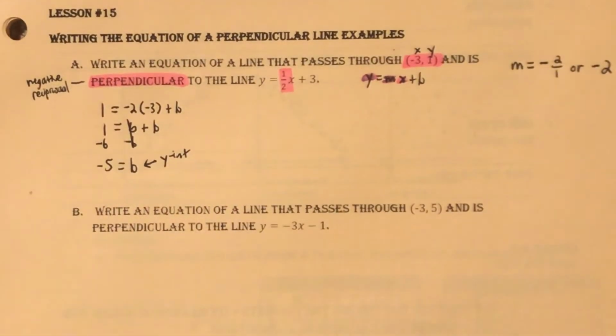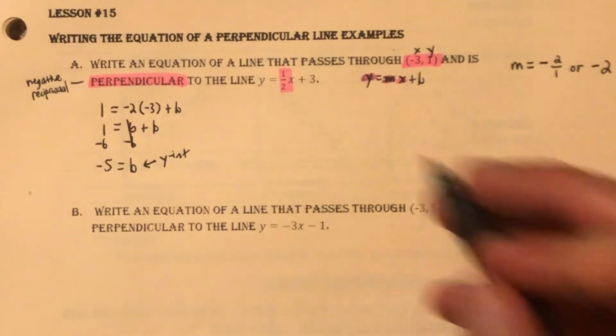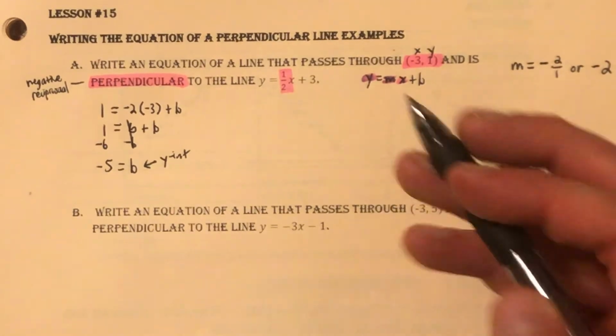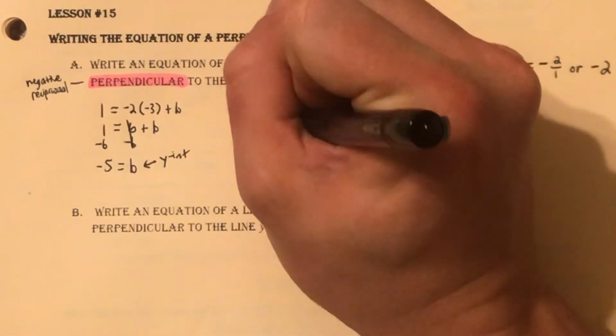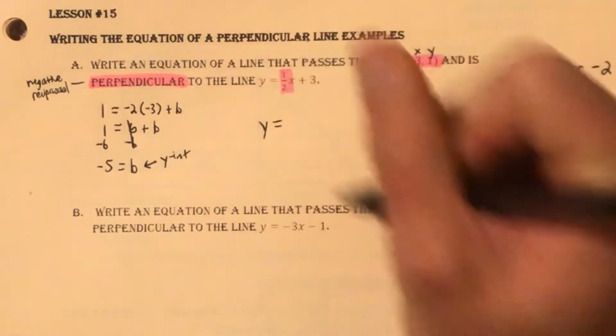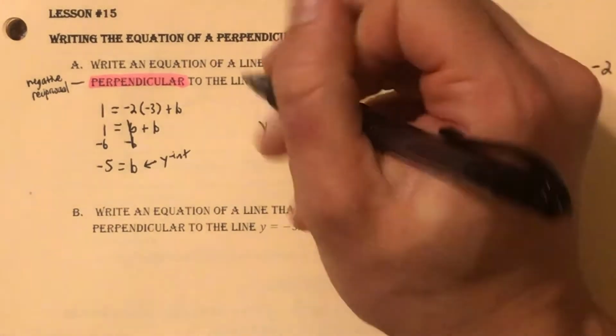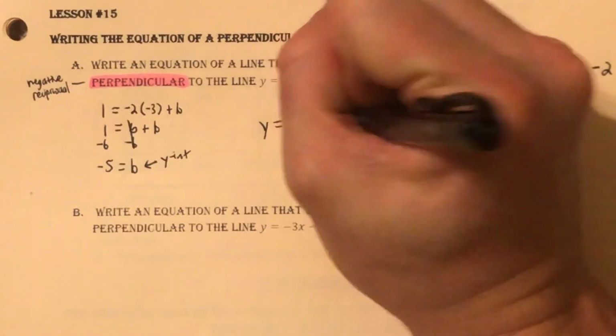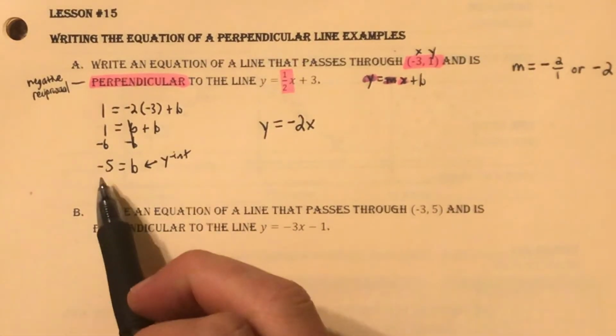All right, my slope, again, was -2. So last thing, go in and write it in the form of y equals mx plus b. Now remember, this part's going to look the same. y equals, now my slope is different. It's the negative reciprocal, so -2 times x, right? And then my y-intercept is -5.